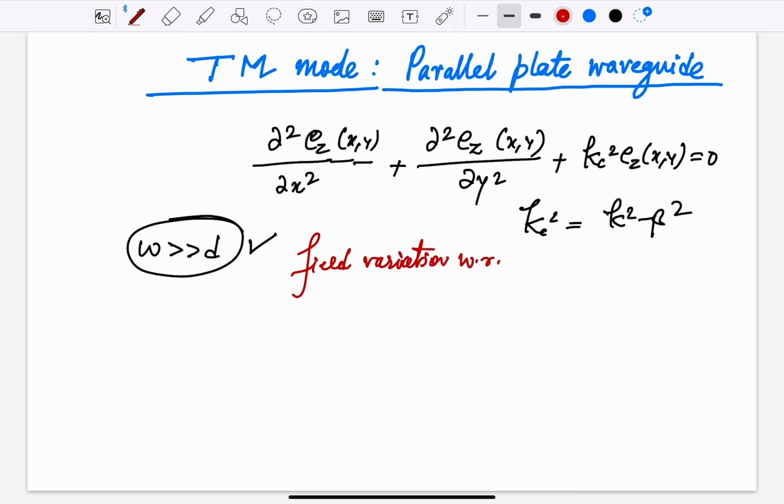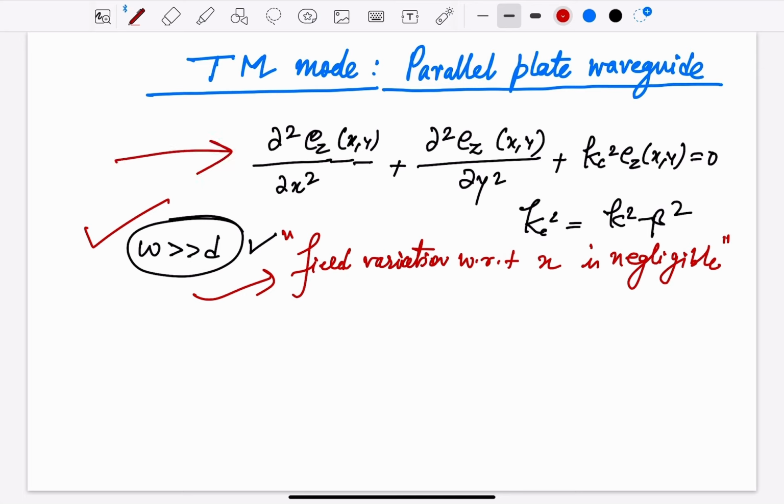If we have this assumption, then it directly affects this differential equation.